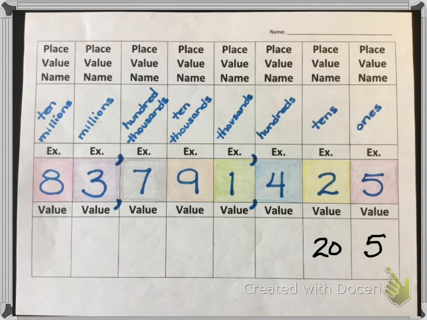Now I want to see how many of these values you can fill in on your own. So after you fill this in, I want you to bring it to school with you and we will review your answers before we add this chart to our math binder.